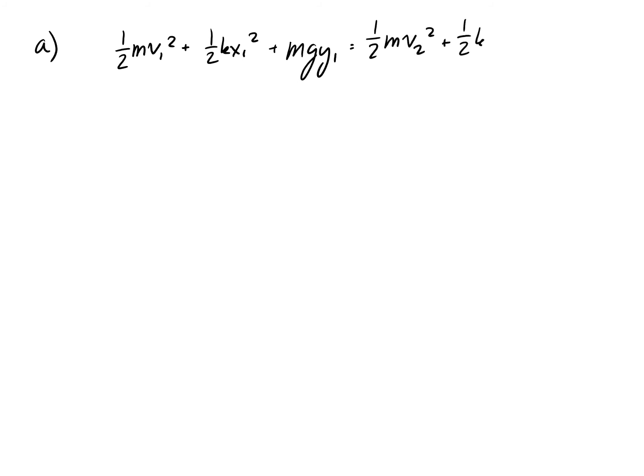So I need to set up my points 1 and 2. So I'm going to have 1/2 mv1 squared plus 1/2 k x1 squared plus mg y1. And I'm going to have the same thing, but for 0.2. So now I can go through and look at the terms that I've set equal to 0.